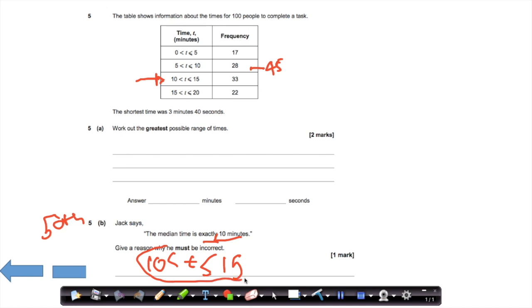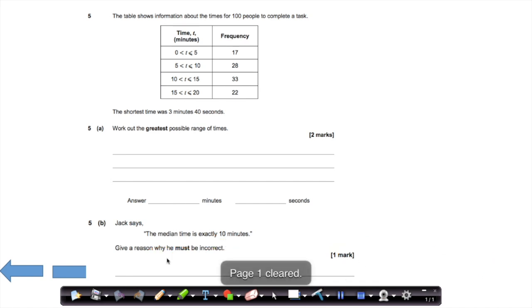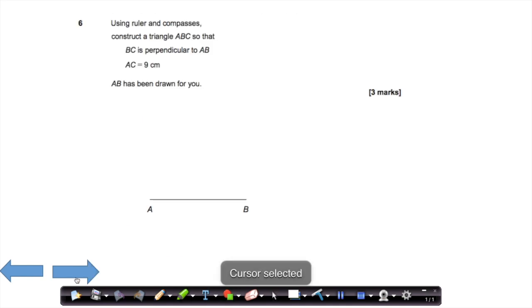It's absolutely fine. That is where the 50th person lies. And that is question 5, part B.